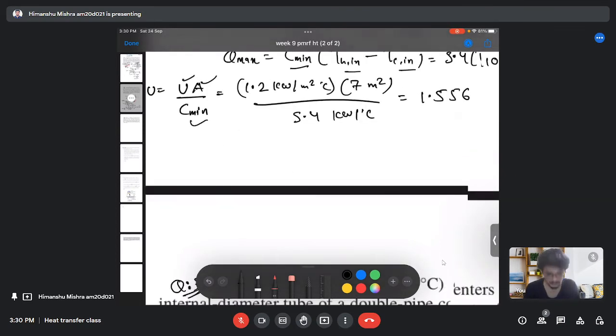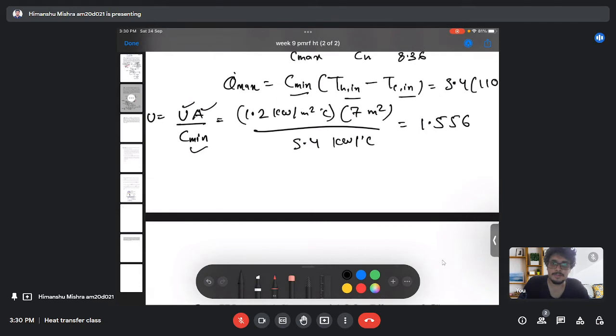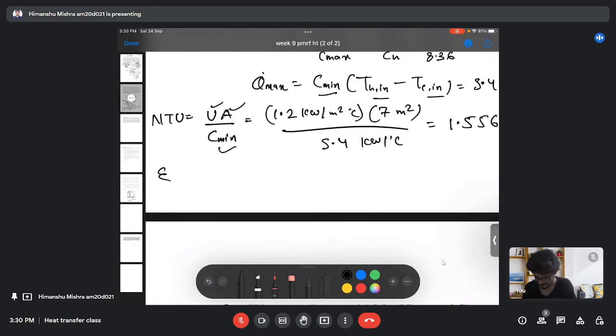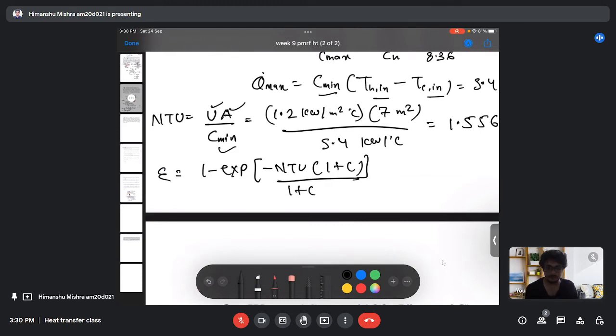Now I will be using the effectiveness correlation for the parallel heat exchanger. So my effectiveness relation will be this. This is my effectiveness correlation. We already found out NTU. We actually found out the ratio of heat capacity as well.